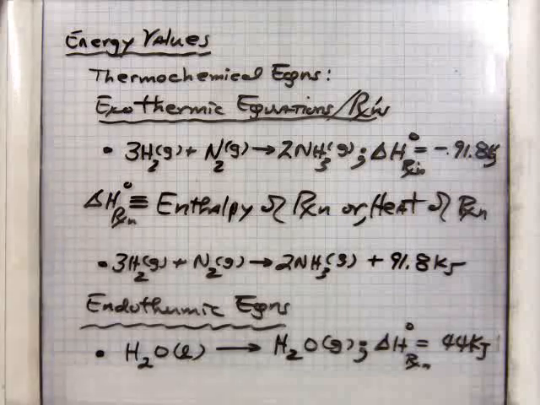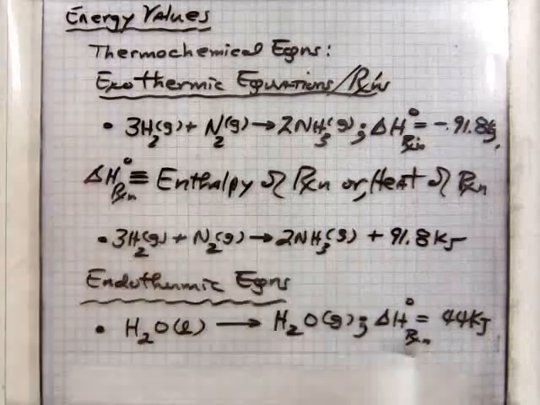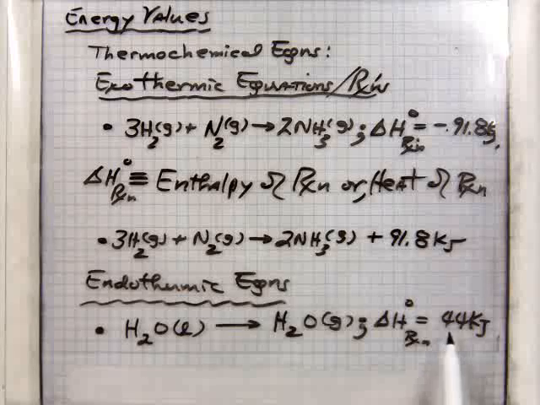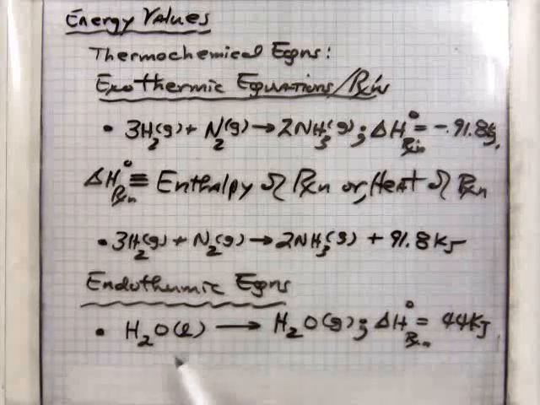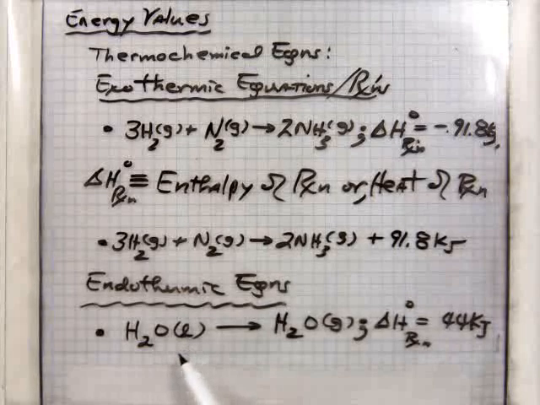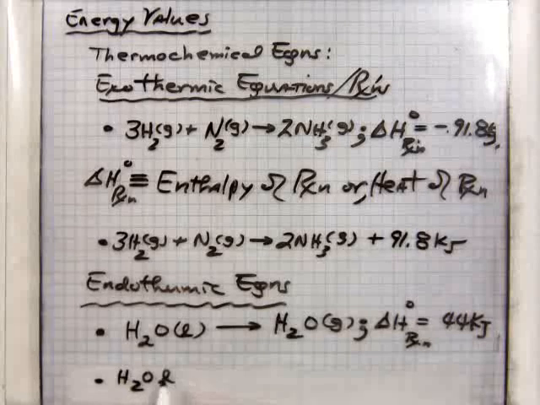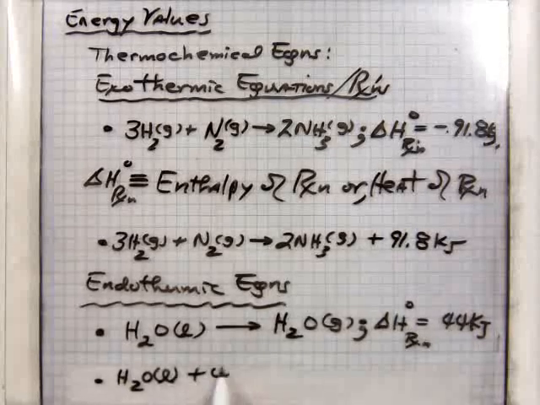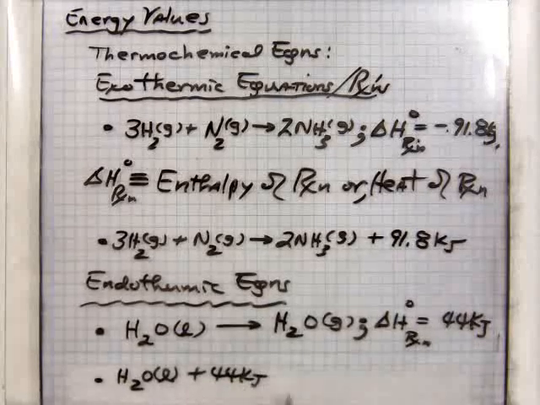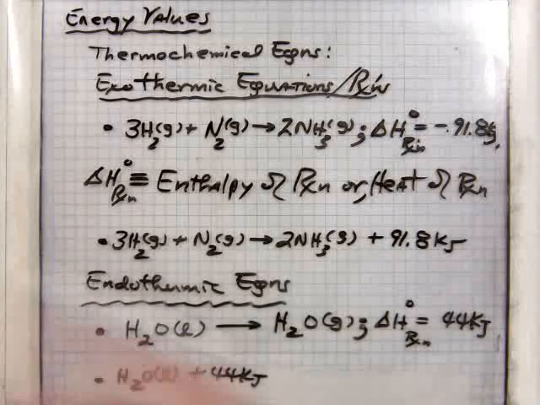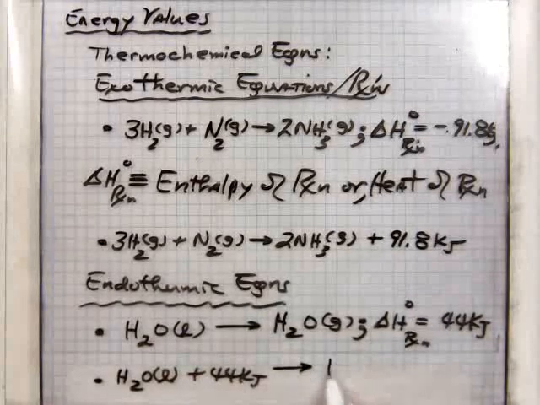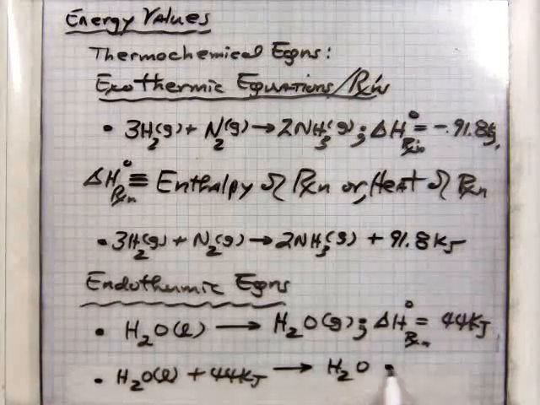Well, if you incorporate that into the equation, the appropriate format is to put the energy number on the reactant side, like this. H2O as a liquid plus 44 kilojoules, meaning that it's absorbing the energy, going to H2O as a gas.